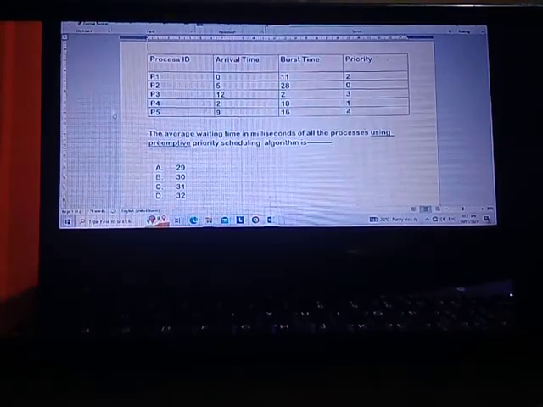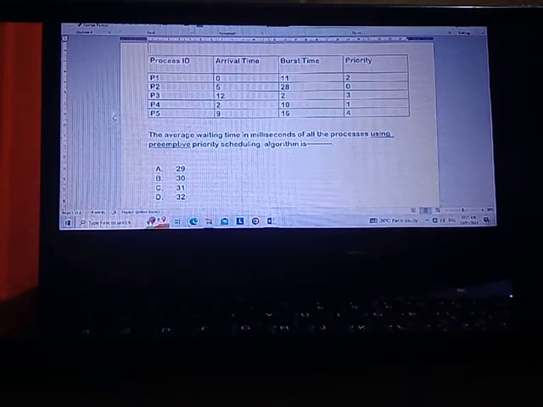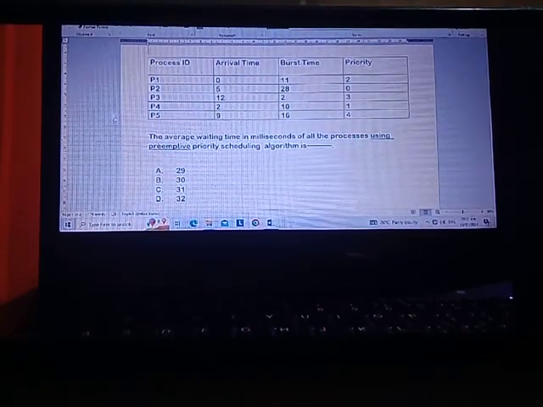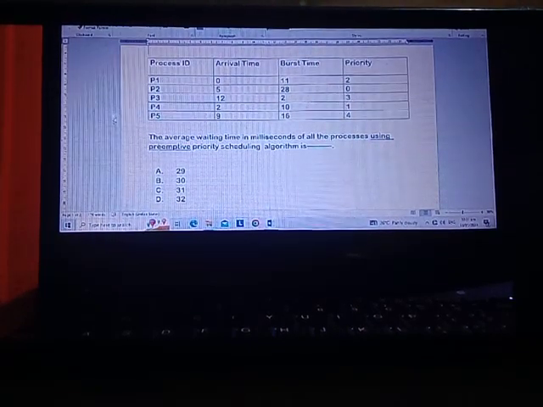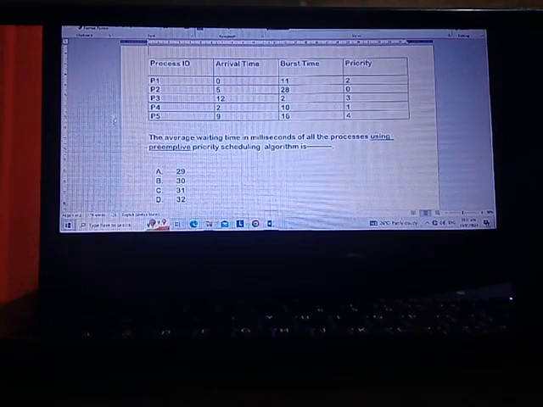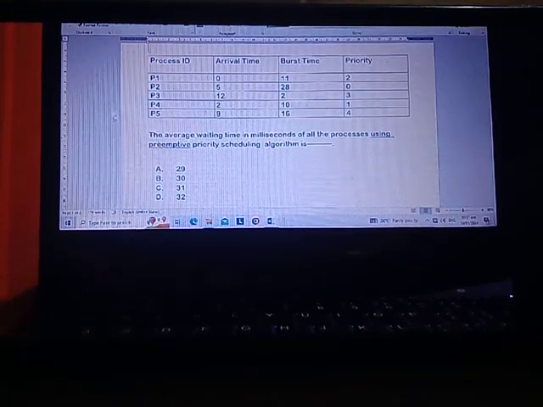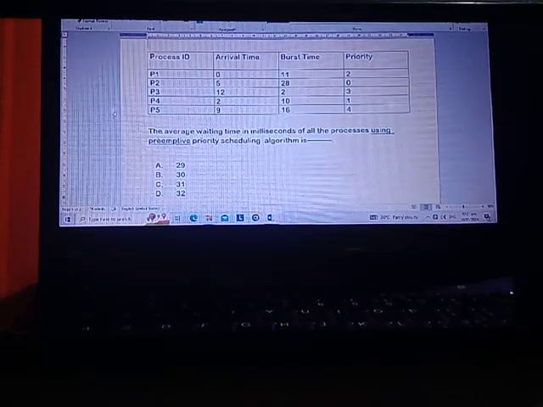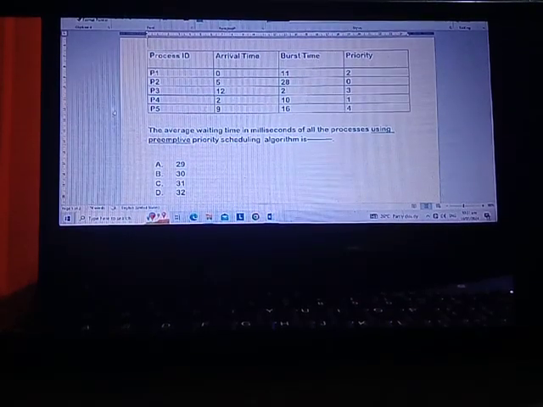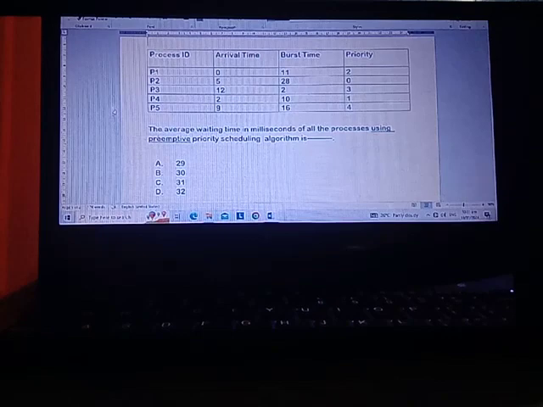So when a process arrives with a priority higher than that of the currently executing process, the currently executing process can be preempted, or the CPU can be taken away from it. So keep this in mind. Alright, so let's see how the Gantt chart for this can be formed.